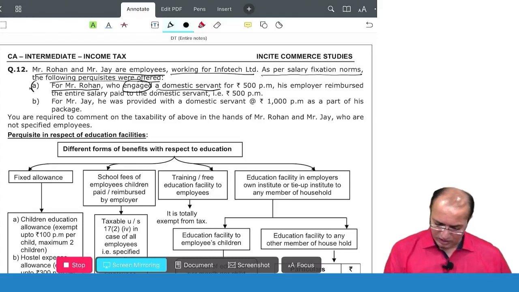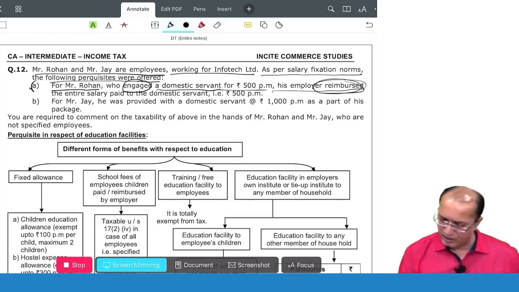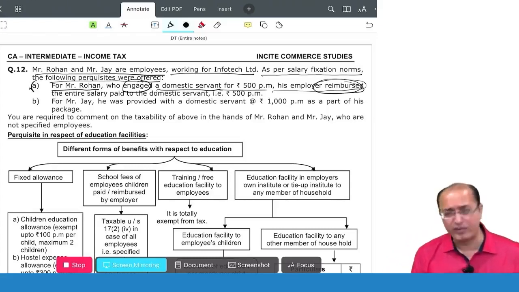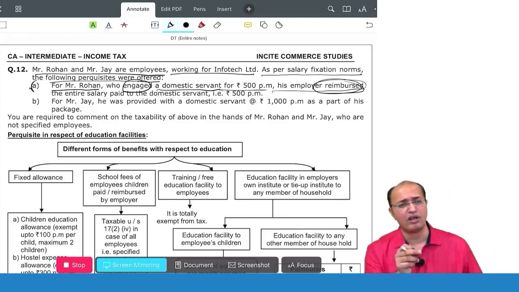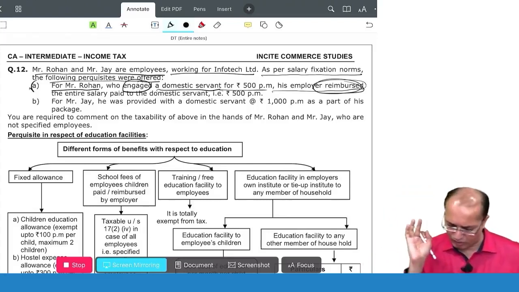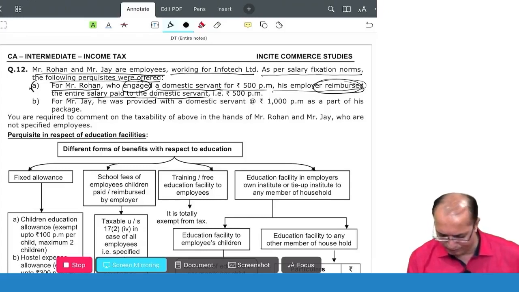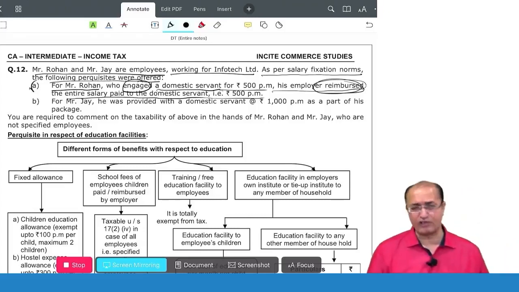So for Mr. Rohan, who engaged the domestic servant for 500 per month, his employer reimbursed. See, the word reimbursement is appearing here. The moment you see the word paid by employer or reimbursed by employer, what should click to your mind is 17(2)(iv), taxable for all employees. The entire salary paid to the domestic servant is reimbursed by employer at 500 per month.